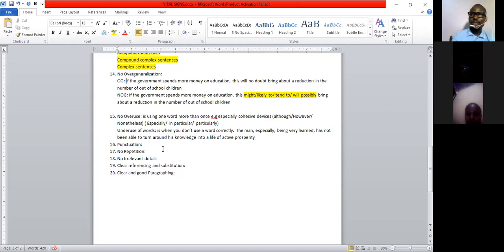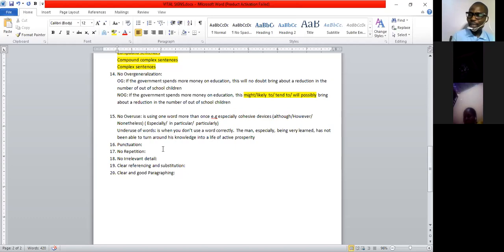When you want variety, you can use infant, children, offspring, or ward. We know that there's a difference between children and ward. Your ward is a child that is not biologically yours, but that's living with you, and you are their guardian. So parents can also be used interchangeably with guardian. Wards can be used interchangeably with children.